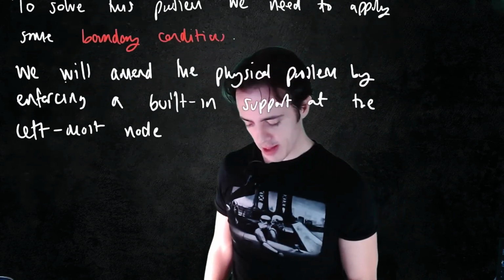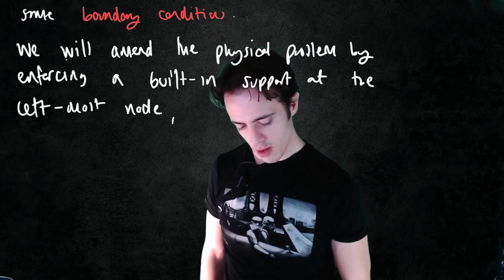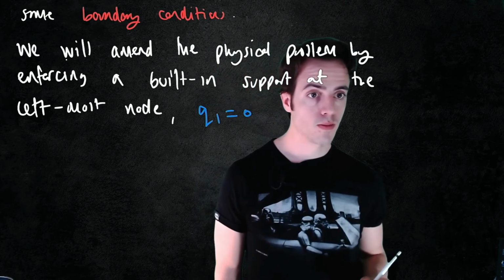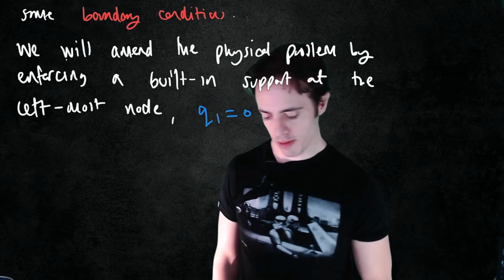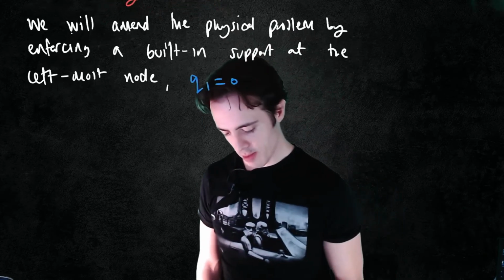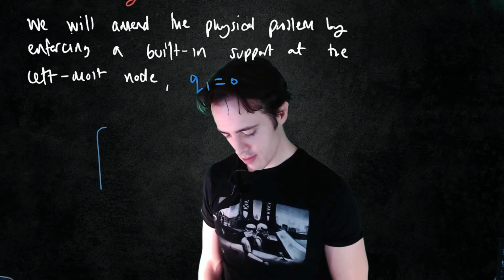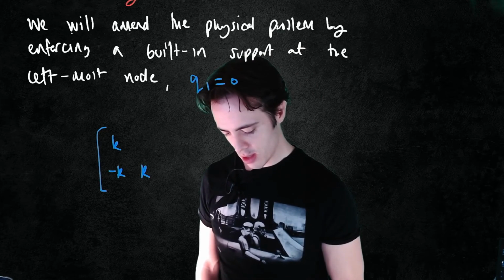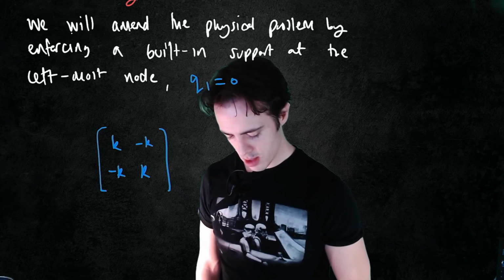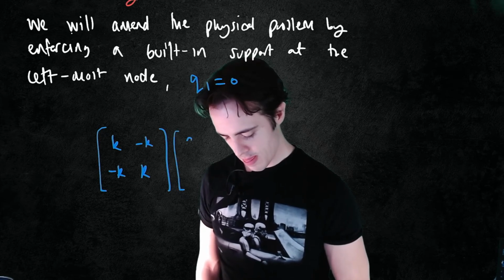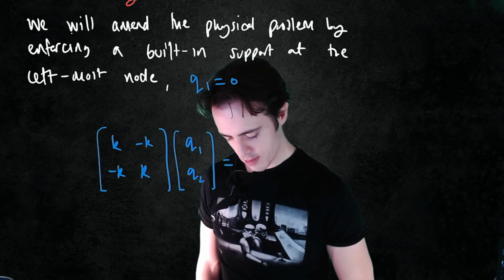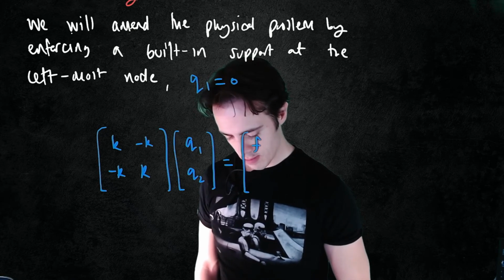By doing that, we've enforced Q1 is equal to 0. It has to be equal to 0 in this problem now. So let's look at our matrix problem. We've got K, K, K, K, multiplied by Q1, Q2, is equal to F1, F2.